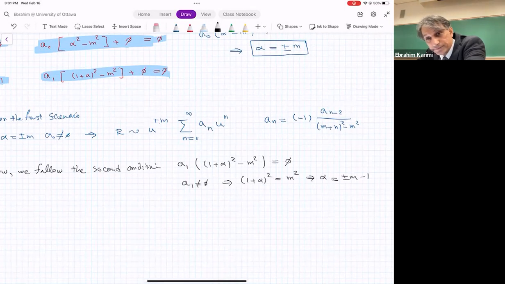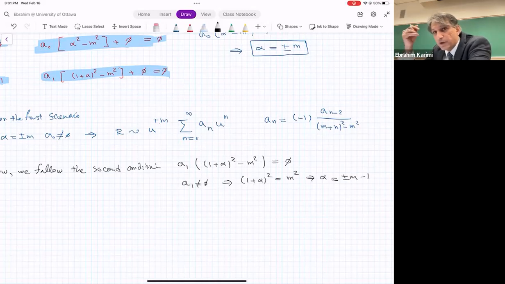All right. Previously, what we got as a result for alpha, alpha is equal to plus minus m. And now here we get an answer that alpha is equal to plus minus m minus 1.